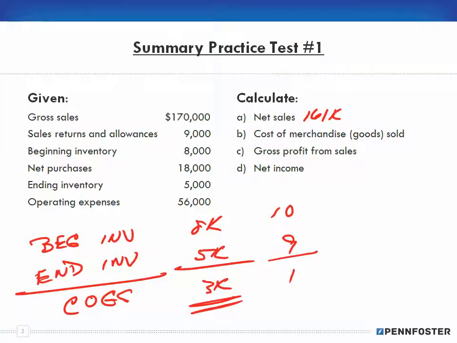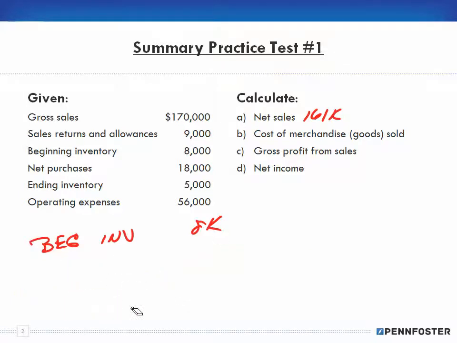But that's not the way businesses work. Businesses start out with a beginning inventory and they start selling things. And remember we have our sales over here, and when we make our sales we have to make that entry to take out of inventory and put over here to cost of goods sold.